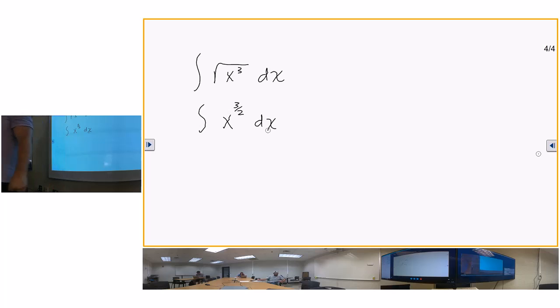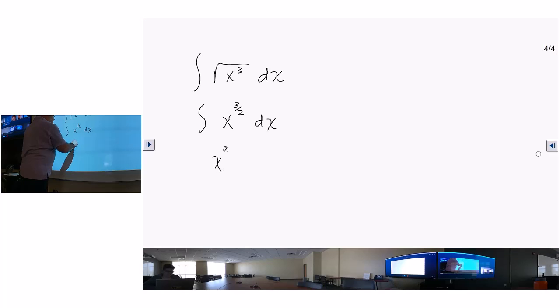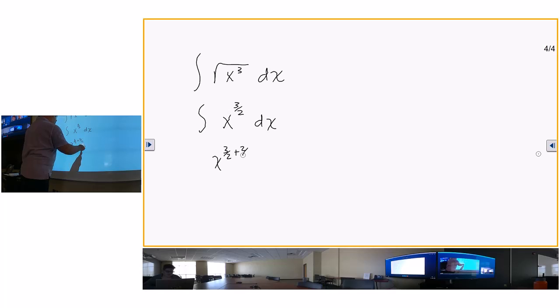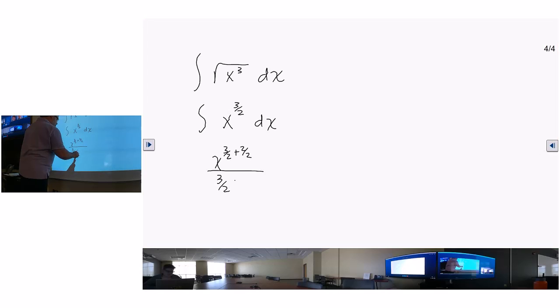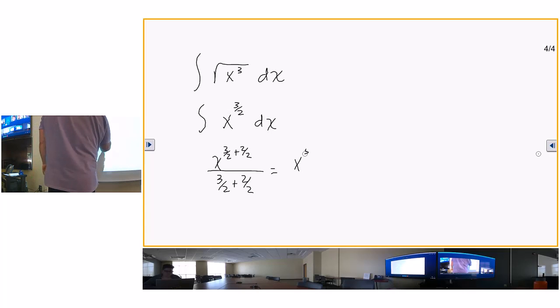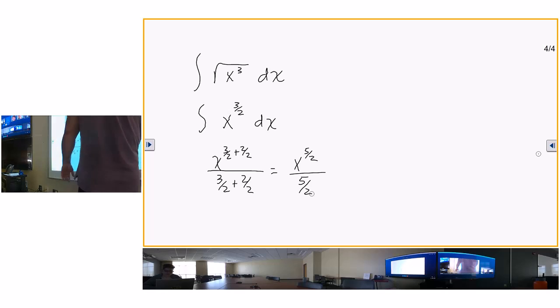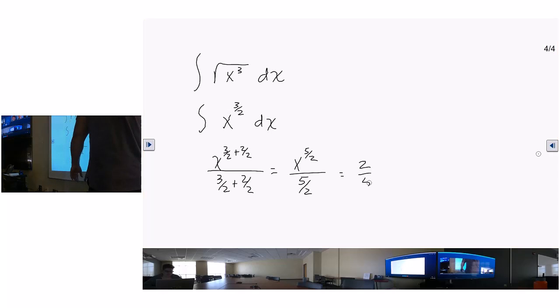I can't do that. x to the 3/2 plus 2/2 over 3/2 plus 2/2. What's 3/2 plus 2/2? Are we finished? No. You're going to rewrite that reciprocal. 2/5 x to the 5/2 plus C.